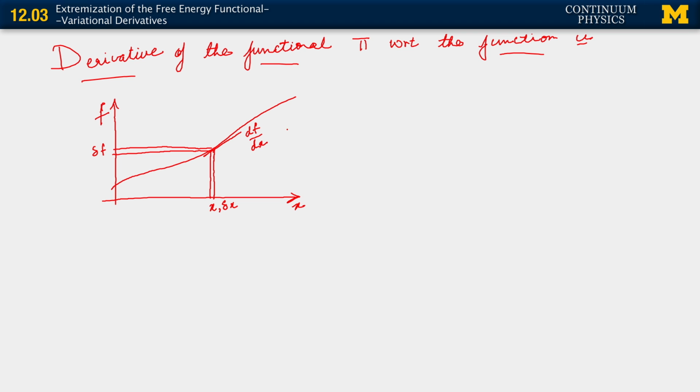Okay? And really this df dx is the limit as delta x tends to 0 of the fraction delta f divided by delta x, right? This is our notion of the derivative of a function.